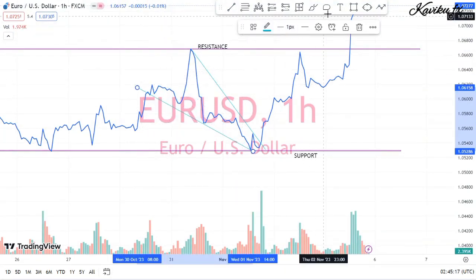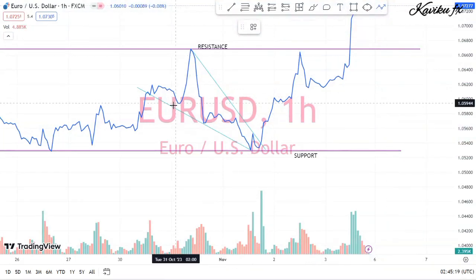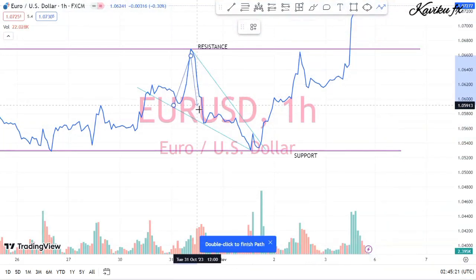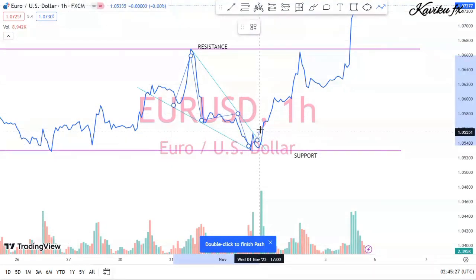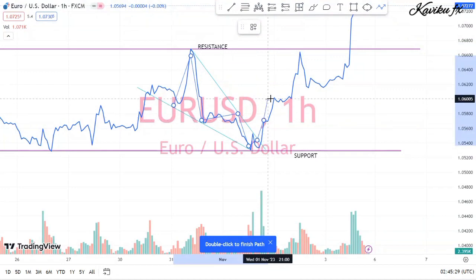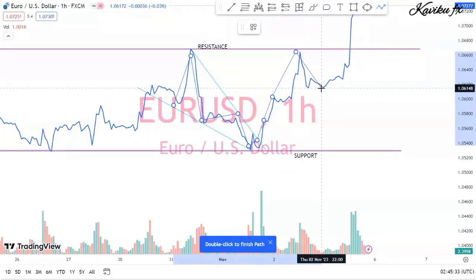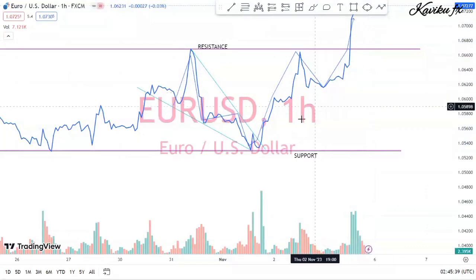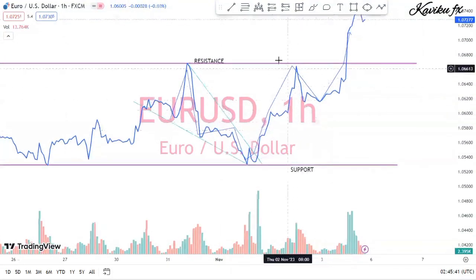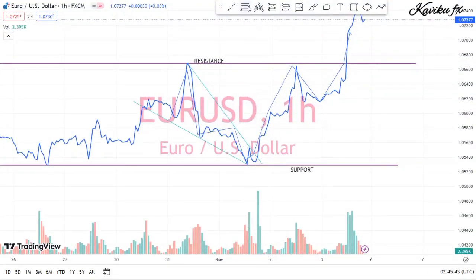So where they met, we expected the market to behave such that in this descending wedge shape, it was able to break this point, and the market kept going up and up, a small retracement there, and then breaking our resistance. So we were able to see these points as a resistance.